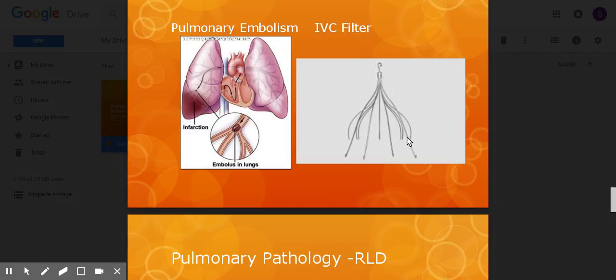So again, we have a picture here of an IVC filter, and also just an artist's rendering of what happens when that blood clot is released.